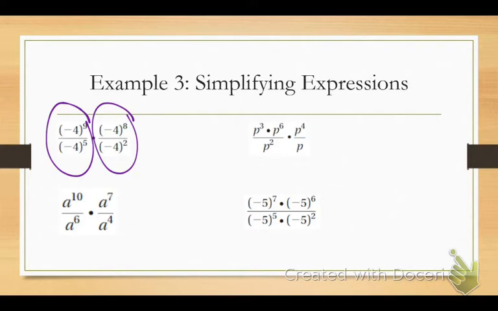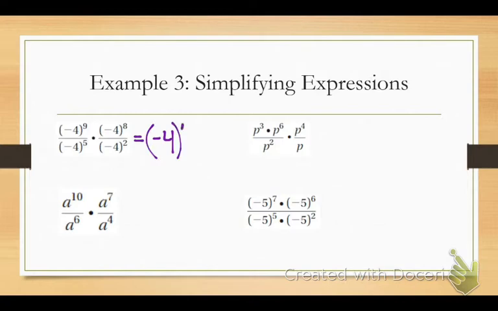So I'm going to apply quotient of powers. Okay? What is 9 minus 5 on the first one? 4. All right, so does everybody see where we got negative 4 to the 4th power? Everybody see that? So I just simplified the first fraction. Now I'm going to multiply it by the second fraction once I simplify that one. What's 8 minus 2?